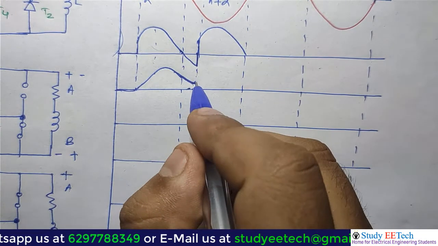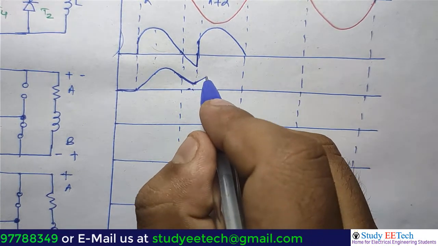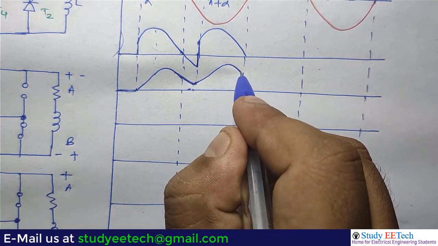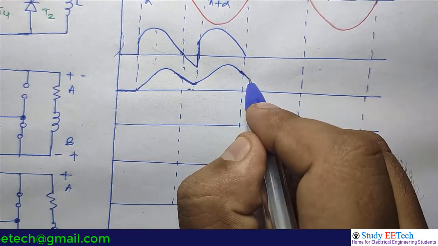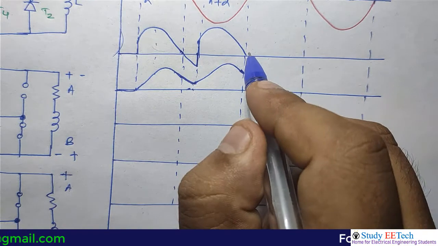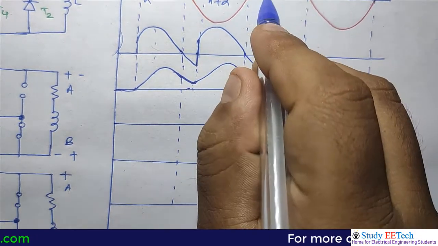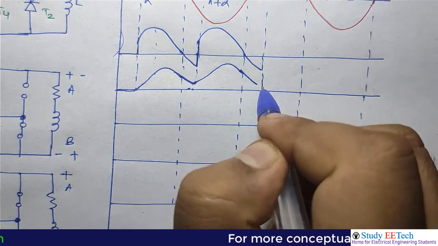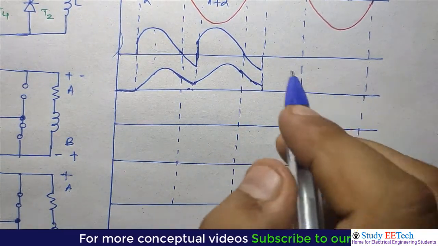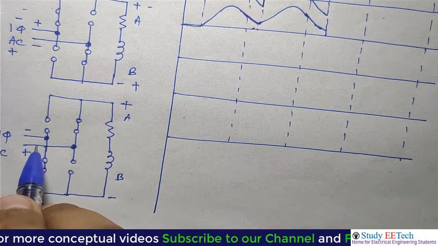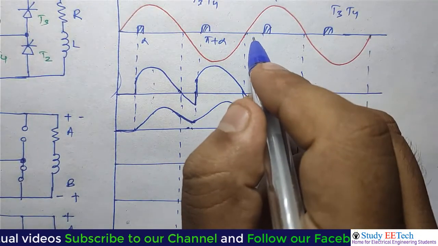Okay, and now the current will start from here and it will reach peak and it will be something like this. Now also the current will tend, okay, and we will get a subsequent negative voltage in this half cycle also. Because T3, T4 is not off beyond 2 pi.